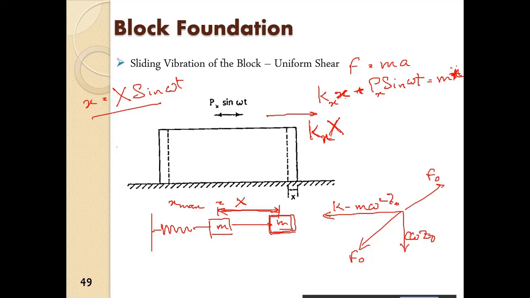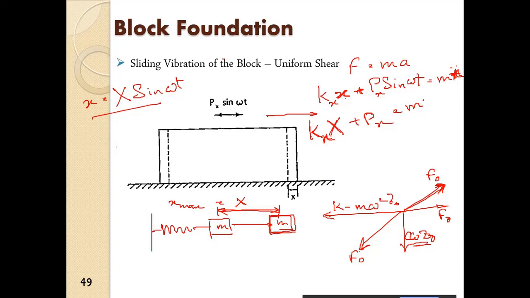So this is the reaction from the system, and this is the applied force. Okay, so now we have this component as 0. So we have f naught is equal to k minus m omega square. Okay, so here what will happen is that we will have p naught, and here we will have m into the acceleration.